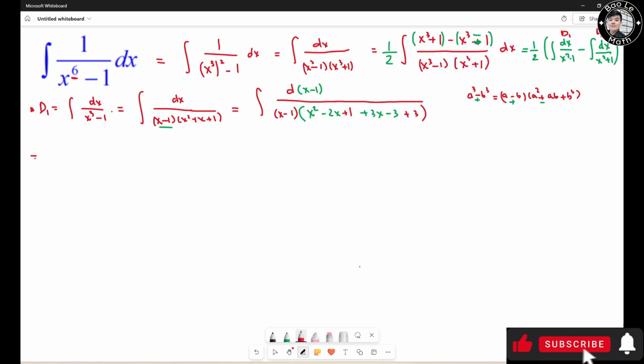Now this guy turns out to be the integral of ds minus 1 over s minus 1 times the first three terms, which turn out to be s minus 1 altogether squared. The next two terms, I just factor 3 out, so it could be plus 3 times s minus 1.